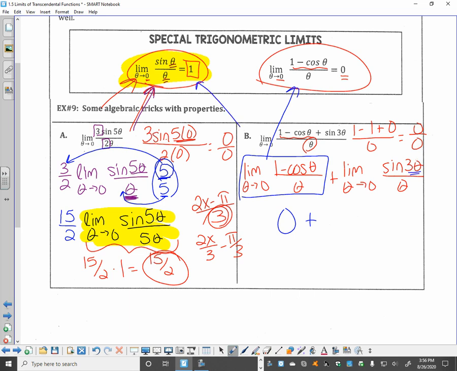I need these things to be the same. I cannot give anything to the sine because it's inside, but I can give something to that theta. So I'm going to multiply him by 1 in the form of 3 over 3. So this 3 is going to go down here, and this 3 is going to come way out here and just kind of chill out.